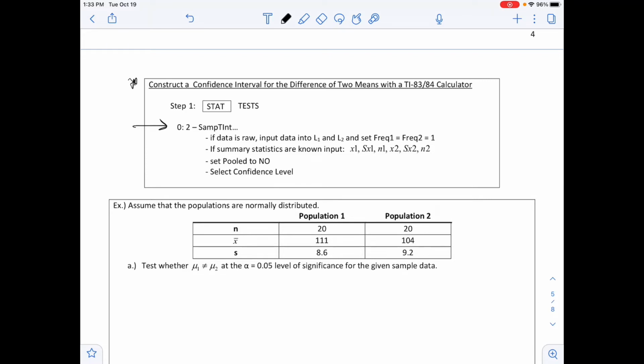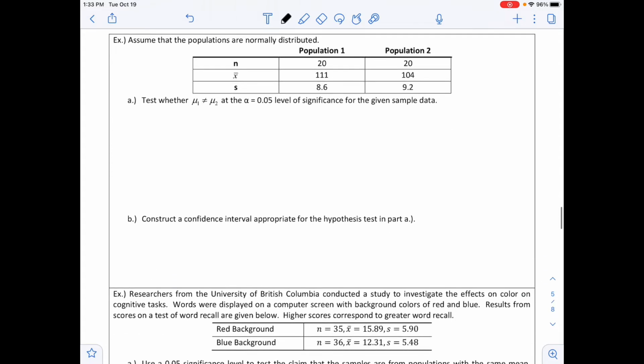The example right below this says, assume that the populations are normally distributed. We have population 1 and population 2. You'll notice that n for both of these is equal to 20, and that's why it's important that it tells us this is coming from data that has a population that's normally distributed. We also have our mean and our standard deviation for each of those samples.